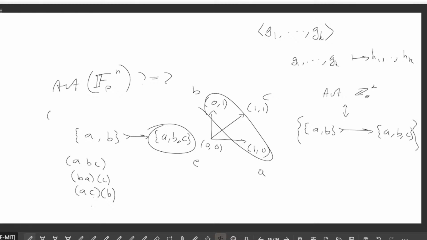Then, is there a non-trivial group homomorphism from C to R? Is there a non-trivial group homomorphism from the additive group of complex numbers to the additive group of real numbers? Yes.